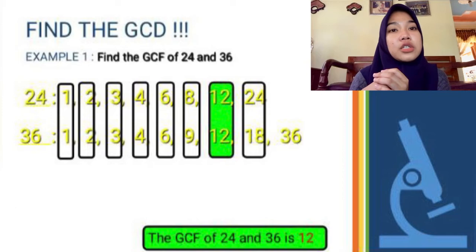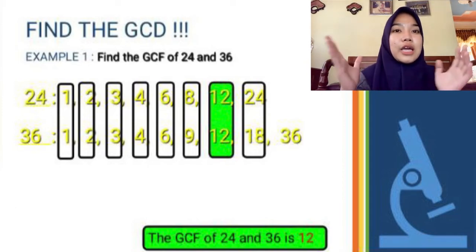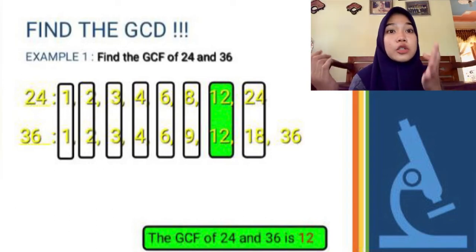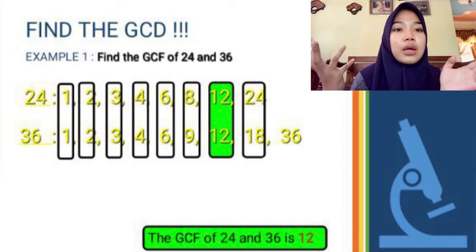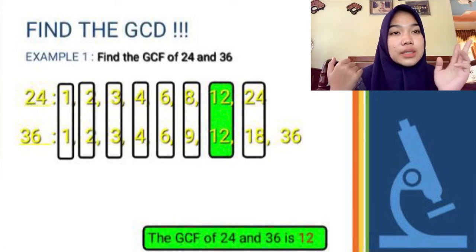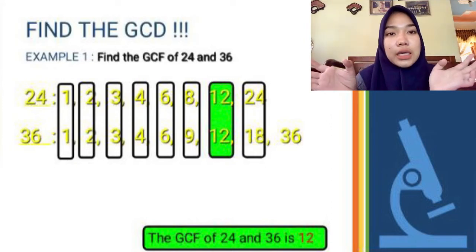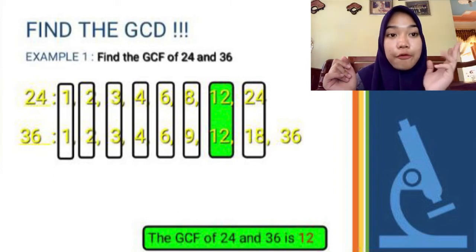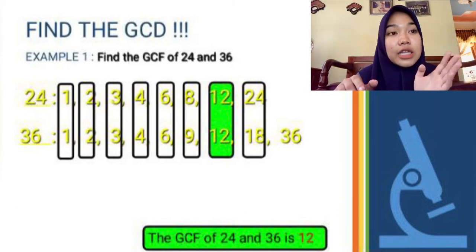Between the factors 1 and 24, 1 times 24 equals 24. So the other factors of 24 are 2, 3, and then 4, 6, 8, and 12. And next, the factors of 36 are 1, 2, 3, 4, 6, 9, 12, 18, and 36.